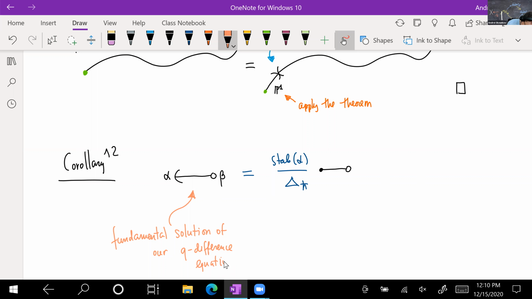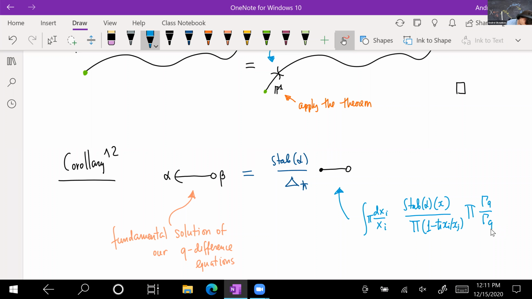On the other hand, what's this? I claim I can write this thing as an integral over, maybe I'll write dx over x products, and then there will be stub alpha of x divided by this product of 1 minus h bar xi xj, and then a product of q gamma over q gamma, over some cycle which I denote beta.